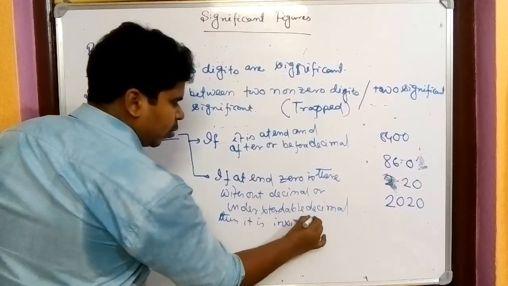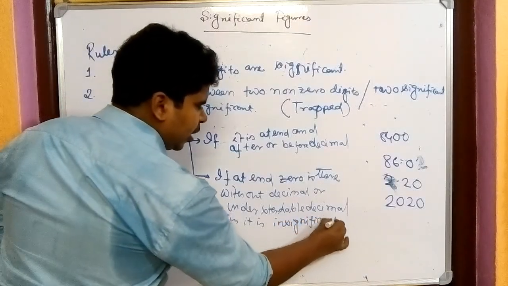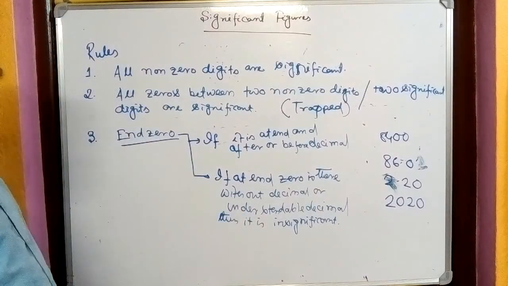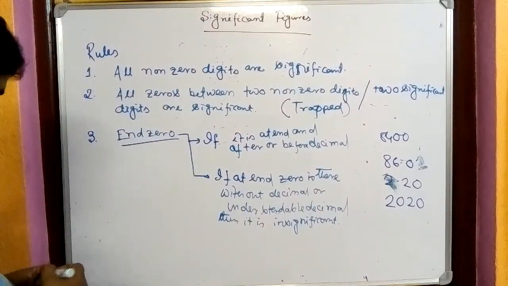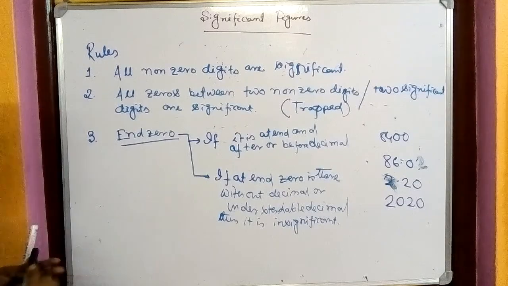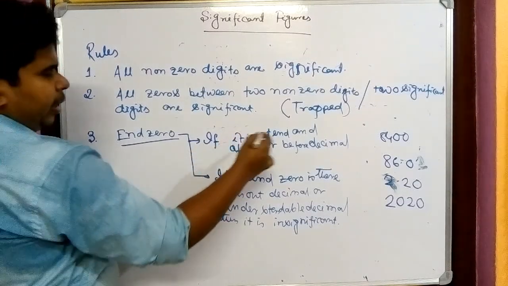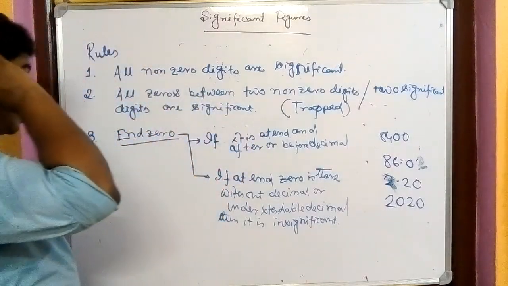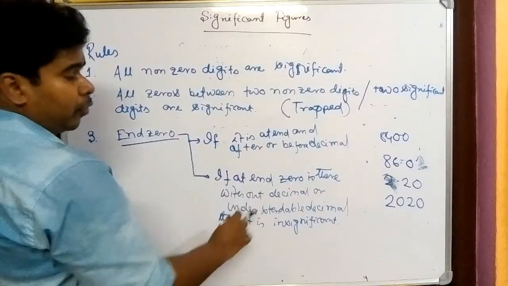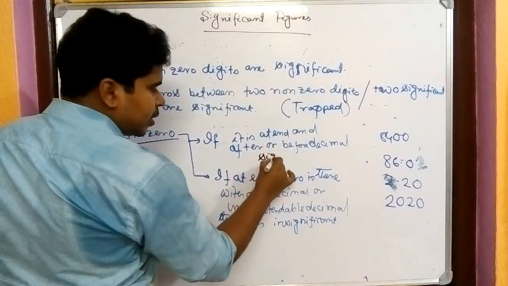Now you may be thinking, sir, what have you written, I can't understand. What gibberish is going on? Okay, I'm coming step by step. First step: if the 0 is at the end and after or before a decimal, that is significant.